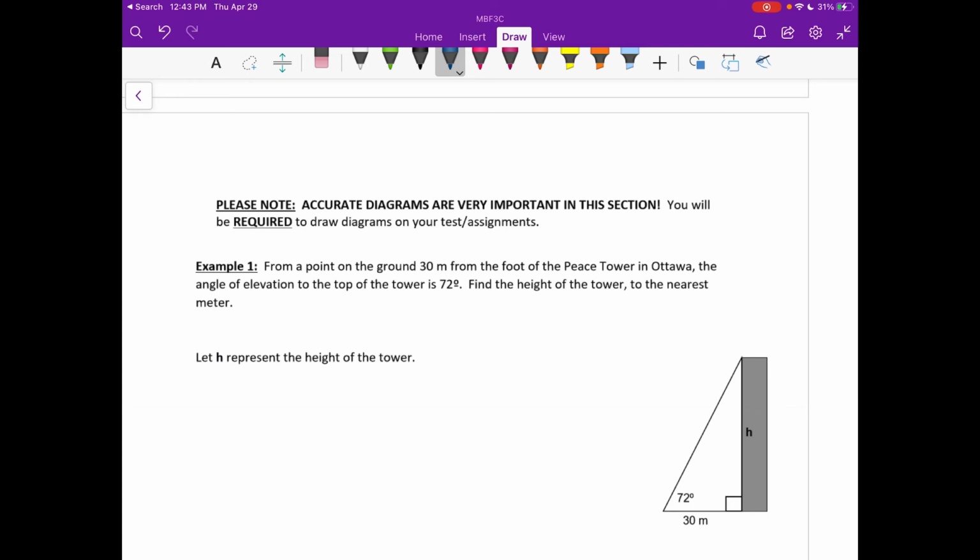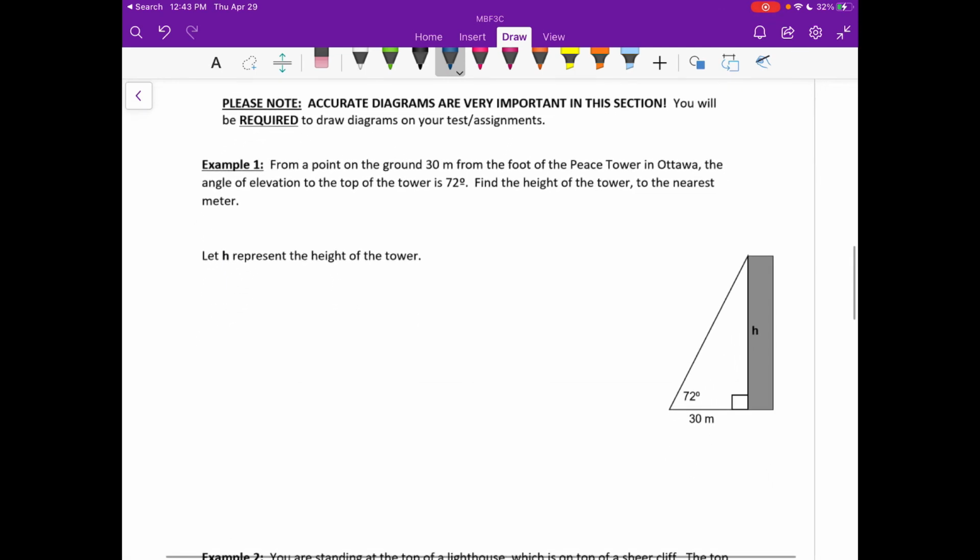All these words are important when it comes to solving word problems, so I'll post that as well for you to have for your reference so you can see what they mean. During an assignment, you are more than welcome to use that in order to help you solve the questions. Okay? So please note that accurate diagrams are super important, and you will be required to draw some of them on your test and assignments. I might give them to you sometimes. Other times you might be required to draw them. We'll go over how to do both today.